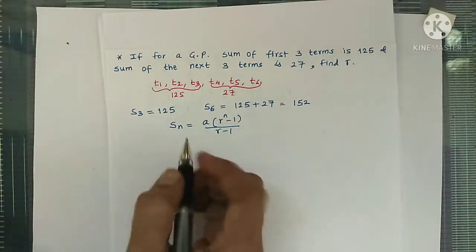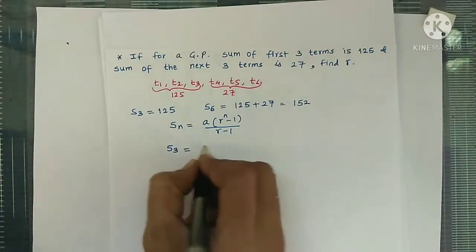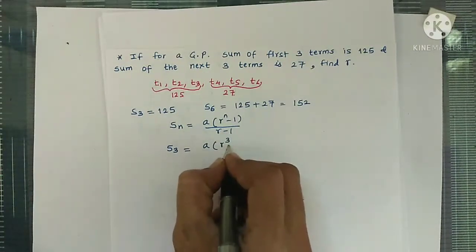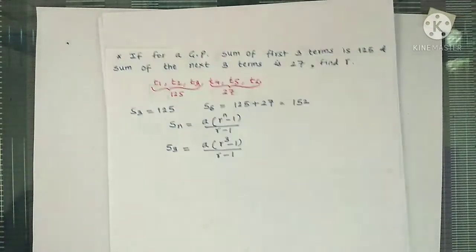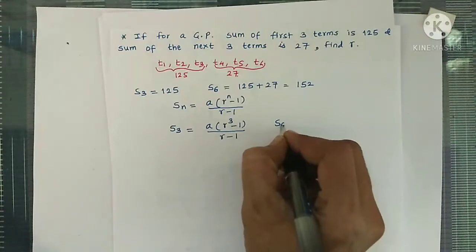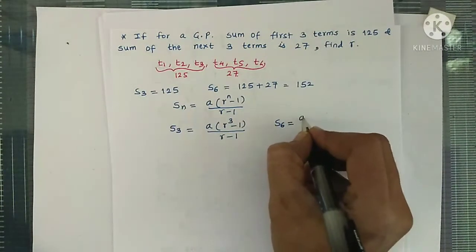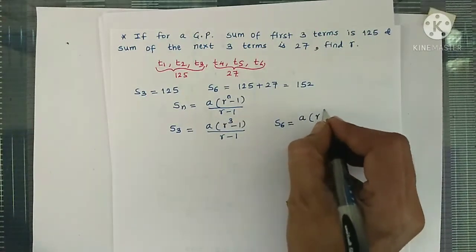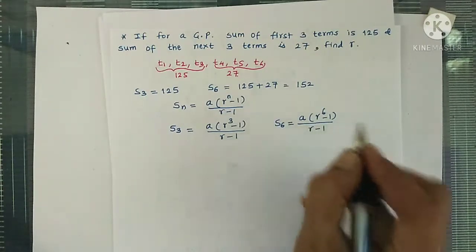S3 is given, so first put n equal to 3. Here n is 3: a (r raised to 3 minus 1) upon (r minus 1). Now for S6, we put n equal to 6: a (r raised to 6 minus 1) upon (r minus 1).